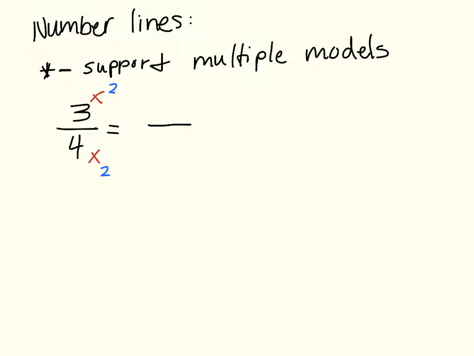Same value. 3 times 2 is 6. 4 times 2 is 8. 3/4 ultimately is equivalent to 6/8. But why is this true? One model shows why it's true, but for my support, I'm going to use a number line.